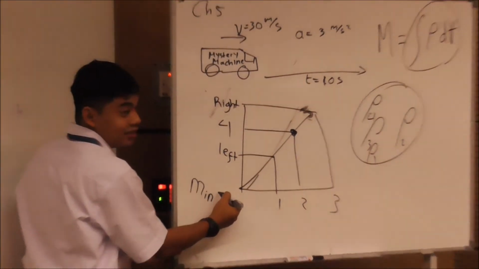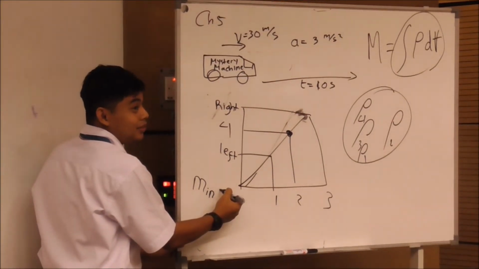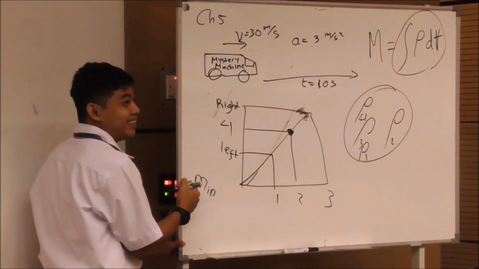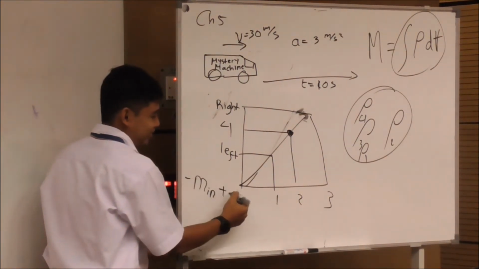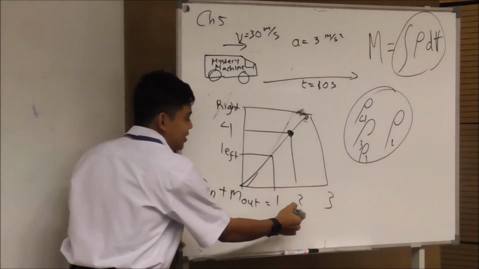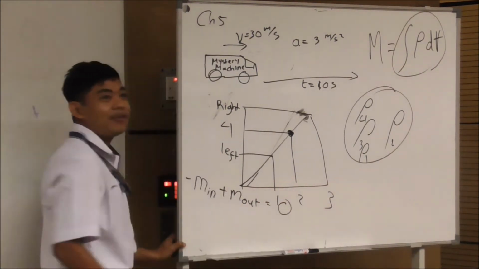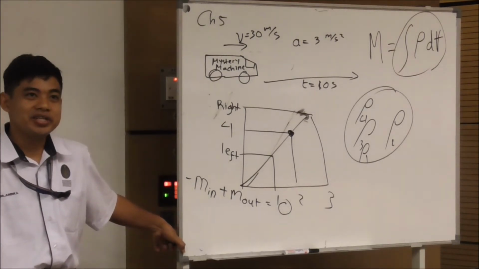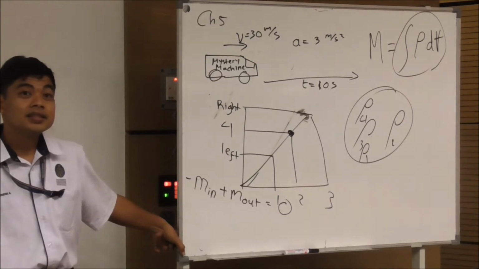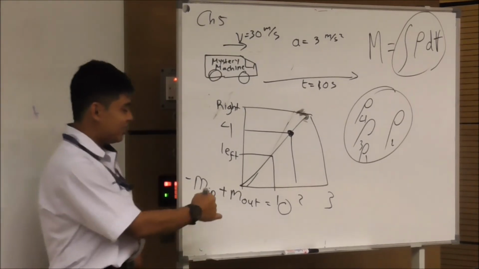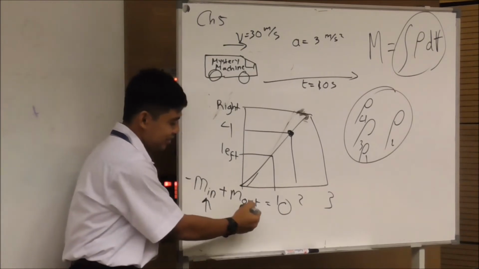M in, this one positive or negative? Negative. M equal to 0 when there is no accumulation. If there is accumulation, you have dm dt. So now we are talking about this.